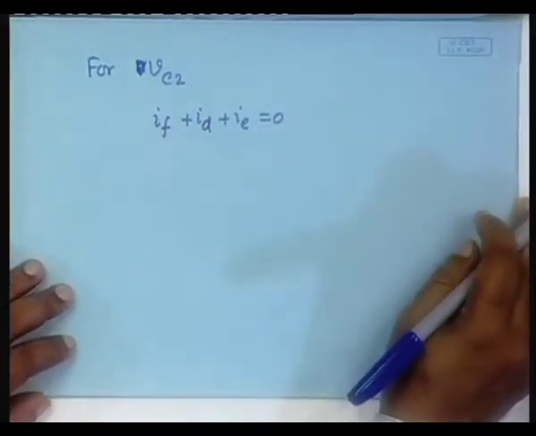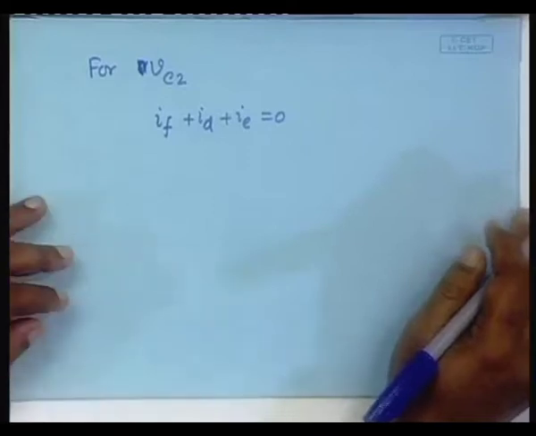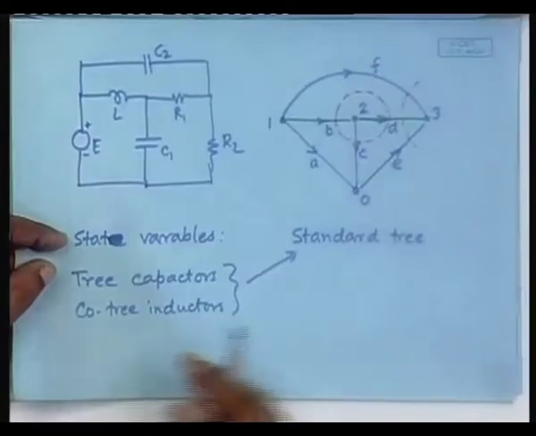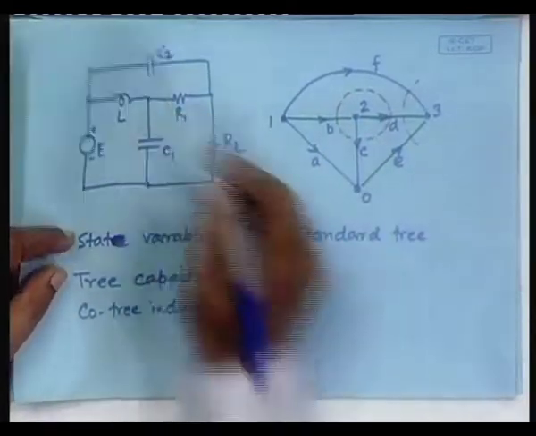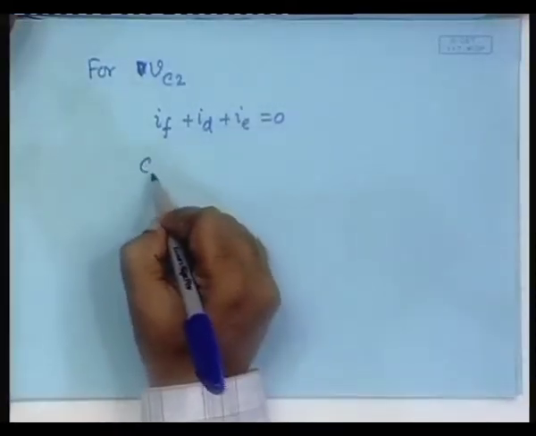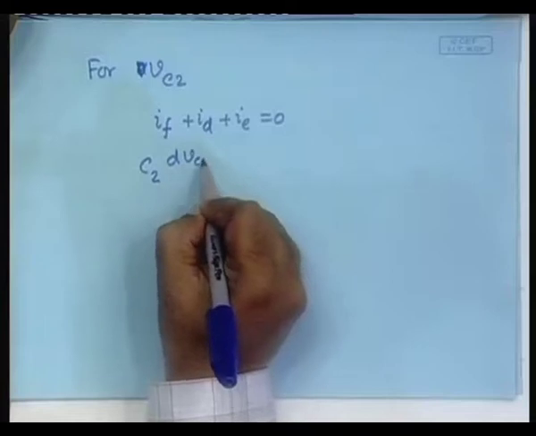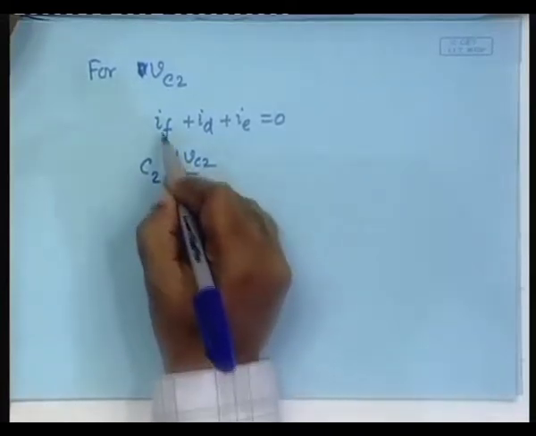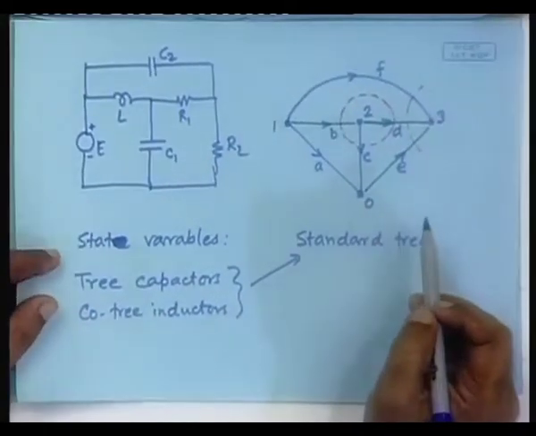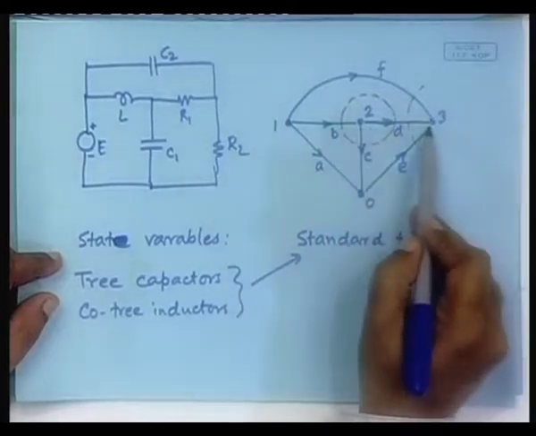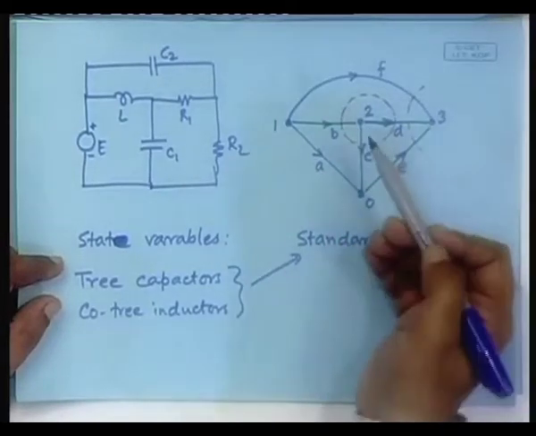Okay. Out of this, which one do I need to know? This is C dV dt. Okay. So, C2 dVC2 dt is equal to minus ID. ID is same thing, we have already done it.